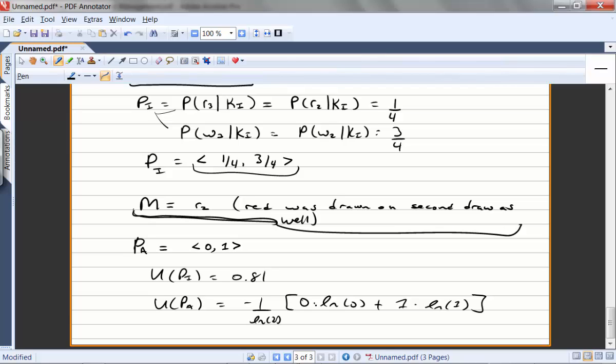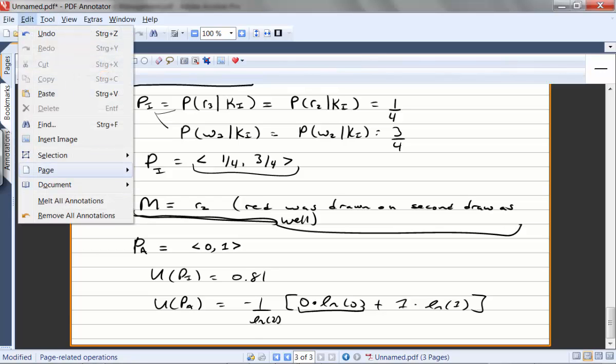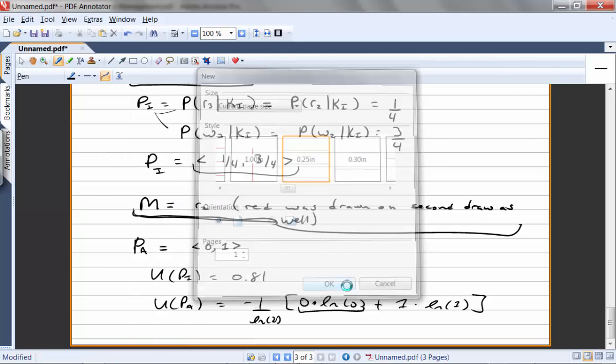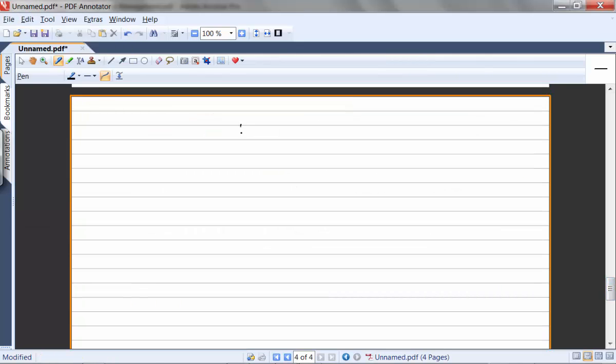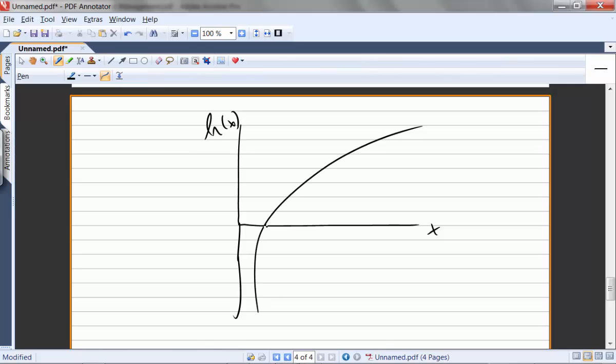Now, something to point out, 0 times log 0. If you look at the logarithm function, which we've done already, but I'm going to do it again. Here's 1. The natural logarithm of 1 is equal to 0.